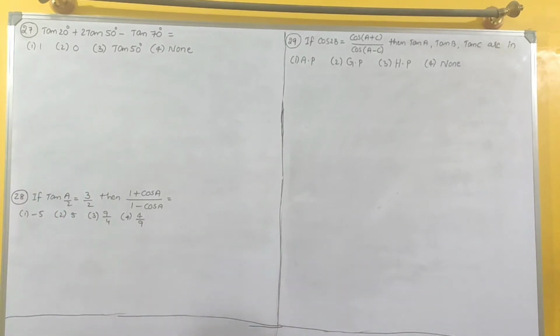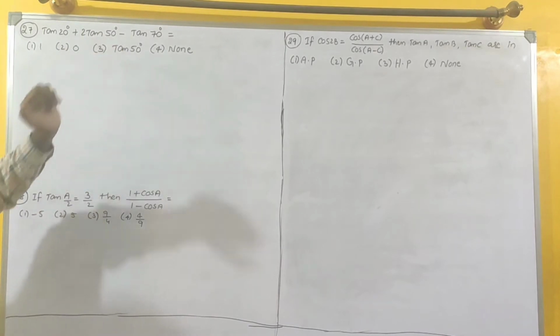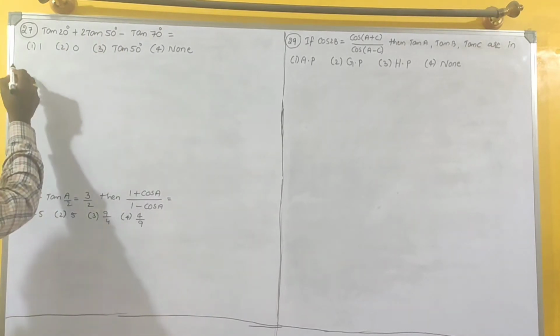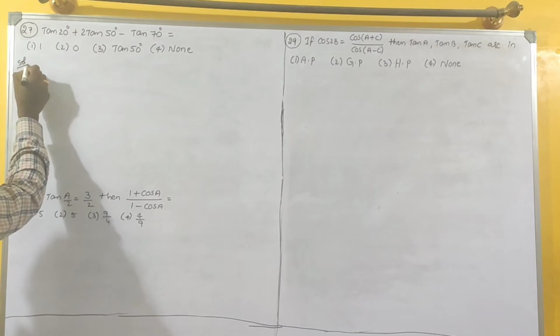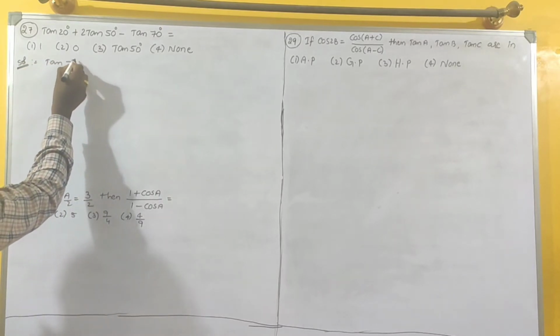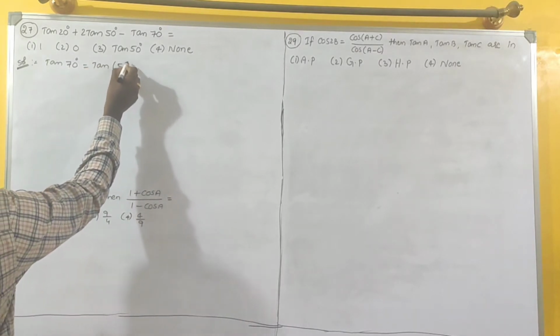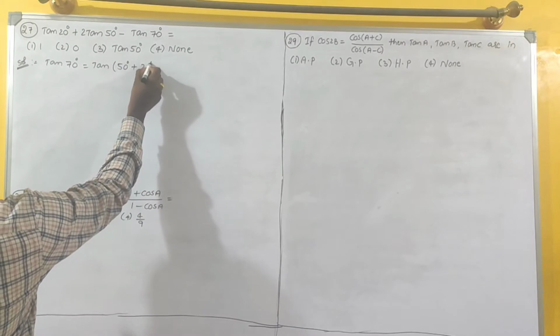Okay. Next question. We need to find tan 20 plus 2 tan 50 minus tan 70. Solution. Tan 70 can be written as tan of 50 plus 20.